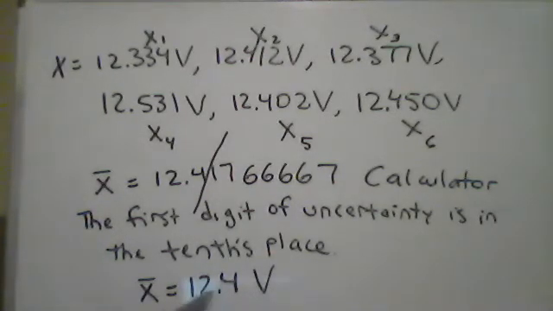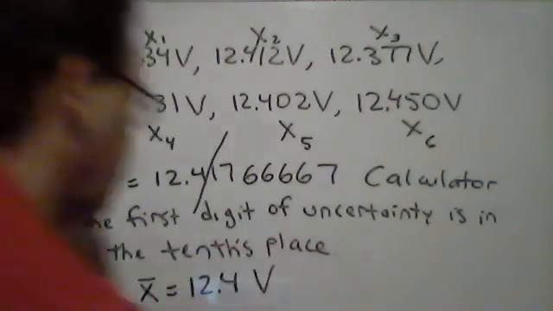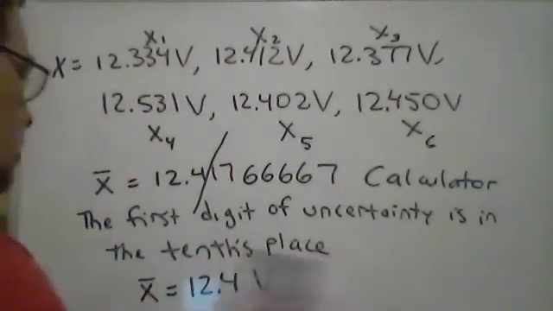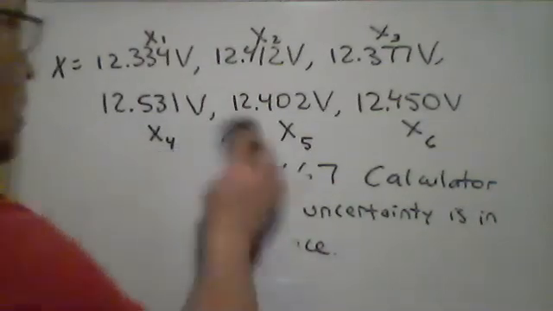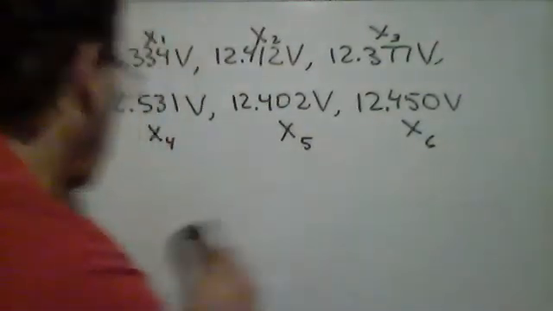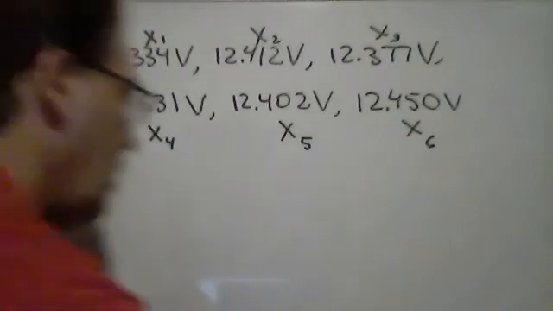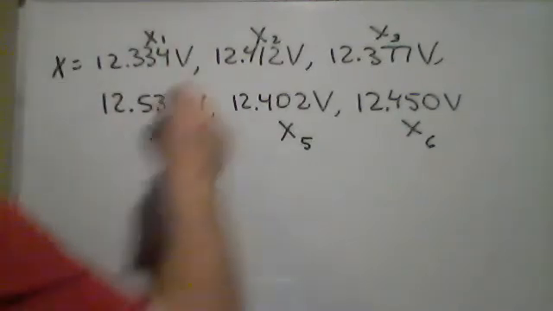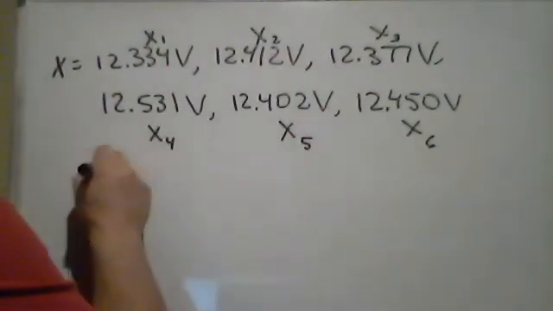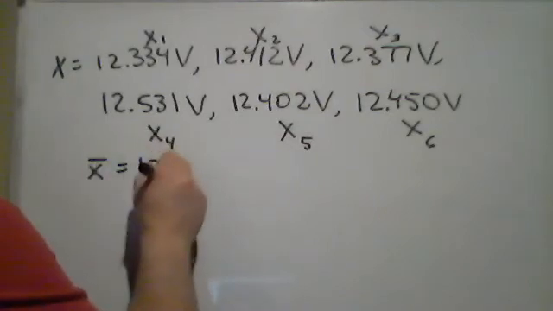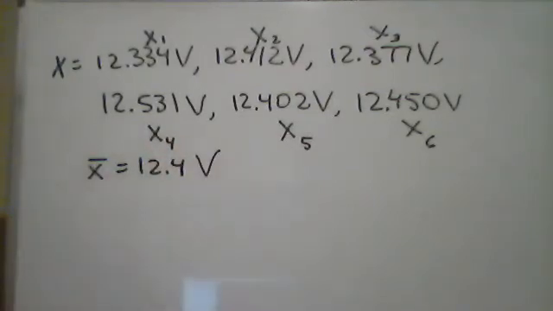What I have out of this data is x bar is 12.4 volts. Let me write that down. Now I want to find out how precise my data is. I just got done computing that x bar is 12.4 volts.